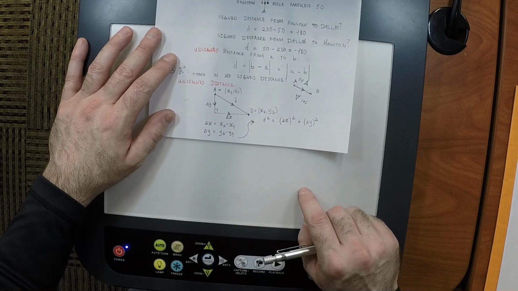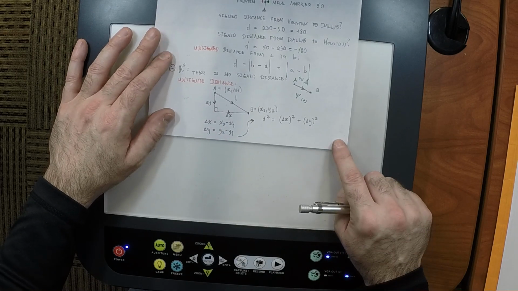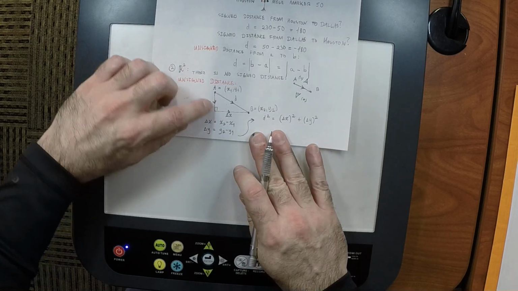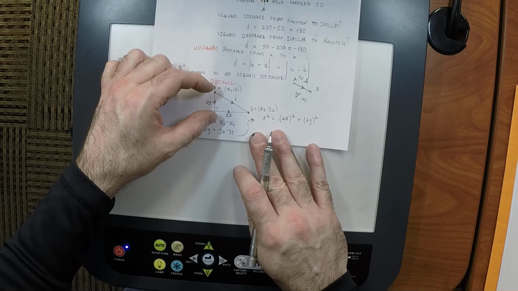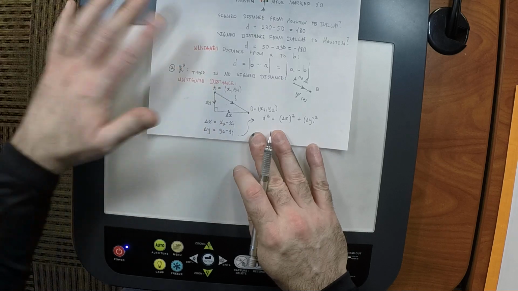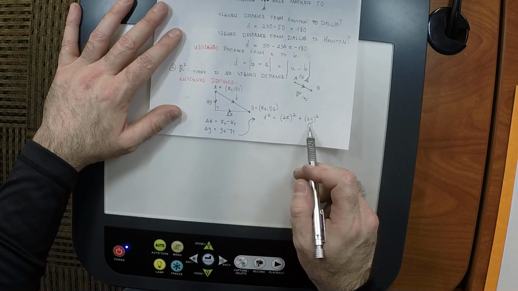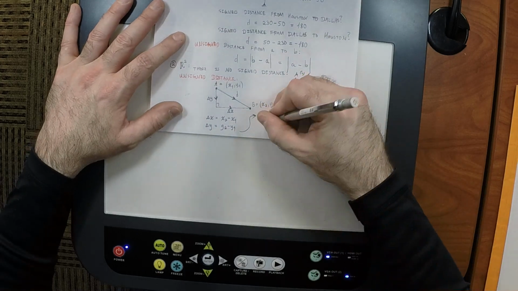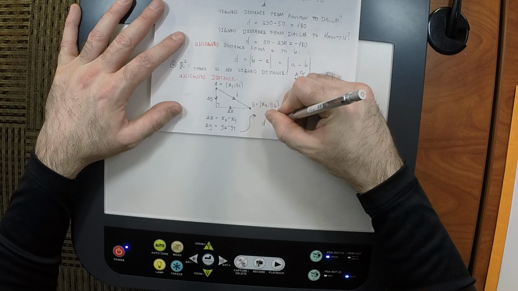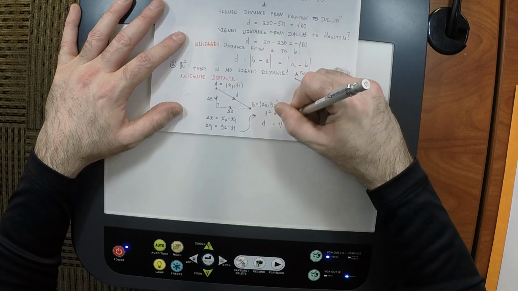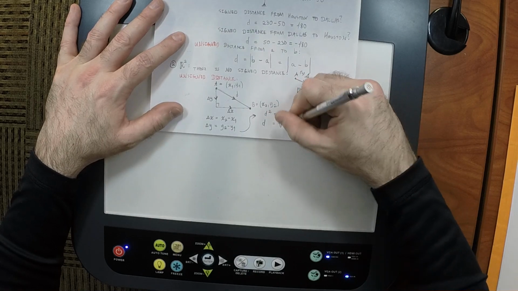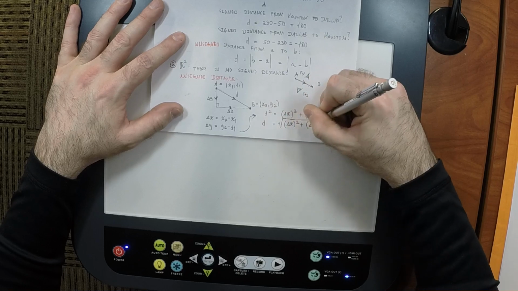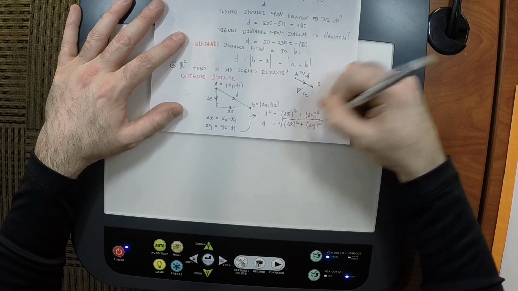So why won't it matter? Because we're squaring it. Even if delta y is, say, negative 3, what we're doing with delta y is squaring it. So it's going to square to 9. So it won't matter. You could solve for d and say that d is the square root of delta x squared plus delta y squared, like so.